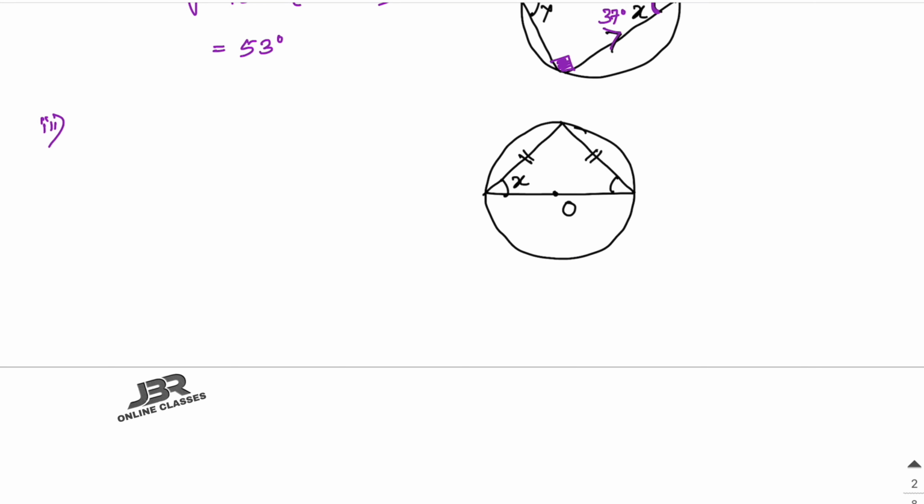And as this one is x, and you know in the semicircle the angle is 90 degree, so this one equal to 90 degree, so it's an isosceles triangle. So definitely if this one equal to x, and if you name it as y, so definitely x plus y equal to 90 degree. Okay, and also x equal to y, so that means x equal to 45 degree as your answer.